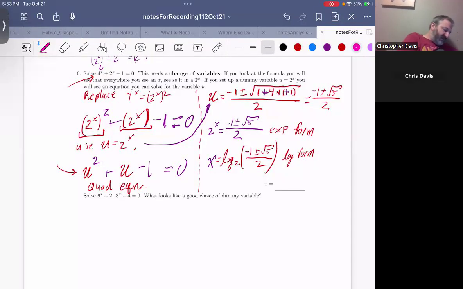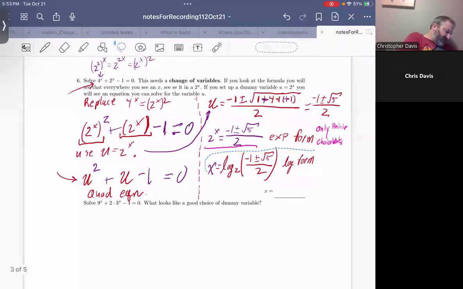So let's see. Right here, I see 2 to the x is equal to these two different numbers. But if they're both negative, this thing winds up being negative. Only the positive choice works. In fact, let's make some space to explain why.